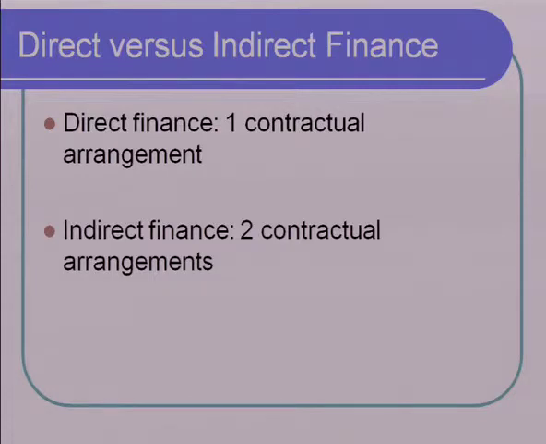There's only one contractual arrangement: that the company has the obligation to do its best by the shareholders. So it's just the shareholders and the company. There's no financial intermediary standing in between. It may be that you purchase the shares through a stockbroker, but that's not a financial intermediary. There's no contractual obligation between you, the stockbroker and the company in the way that there is with indirect finance.